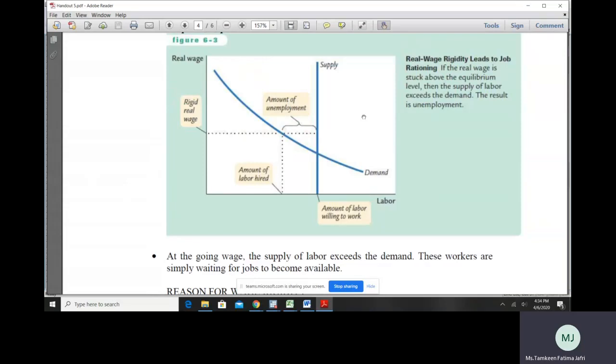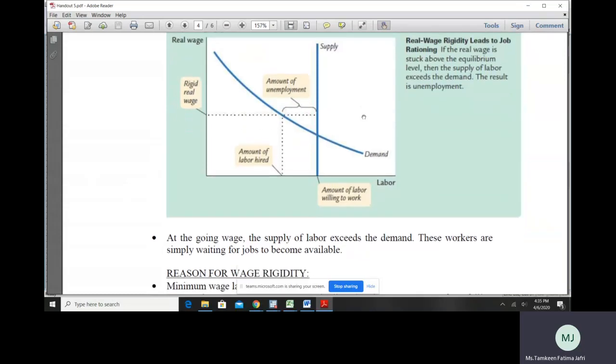Okay, so minimum wage normally affects only the unskilled workers or teenage unemployment, not skilled workers, not people who are already earning way above the minimum wage rate.